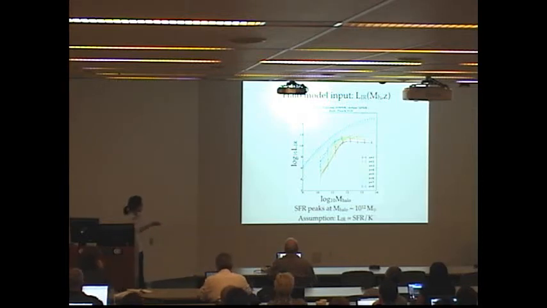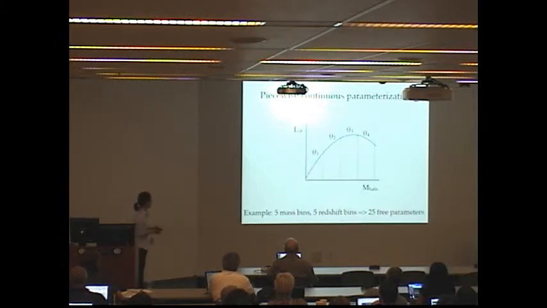And I found that the results actually depend on how you parameterize the IR halo mass relation. So I did a parameterization with more degrees of freedom, the so-called piecewise continuous parameterization.